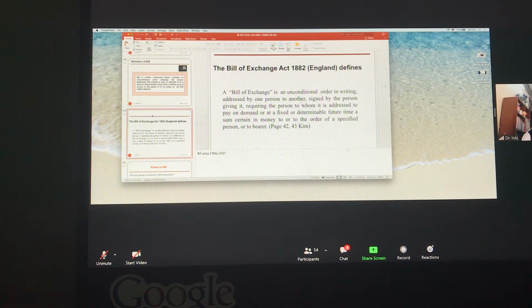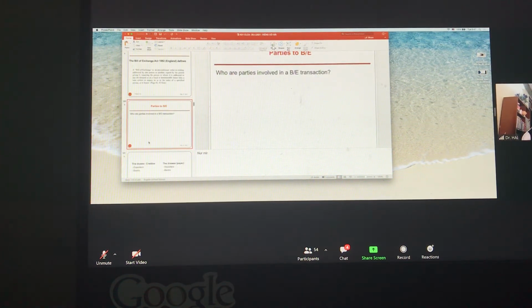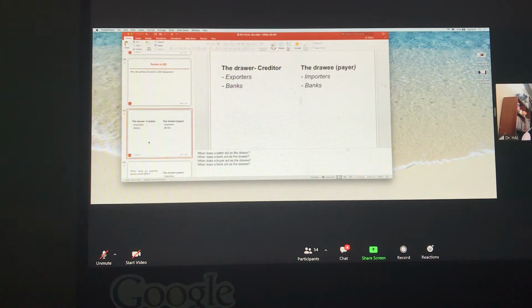Okay, now look at the next. The drawer of the BE. Drawer in Vietnamese, người ký phát. I mean the issuer of the BE. Normally the drawer is the creditor, chủ nợ.